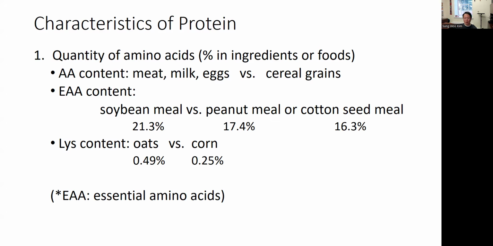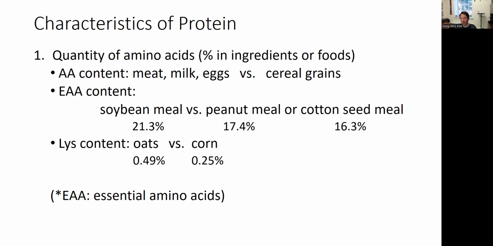So once you extract oil from soybean, the leftover is usually roasted, cooked and dried. And that is meal. So we call that soybean meal. So soybean meal is soybean without oil, so it's high in protein. Peanut meal, very similar concept.